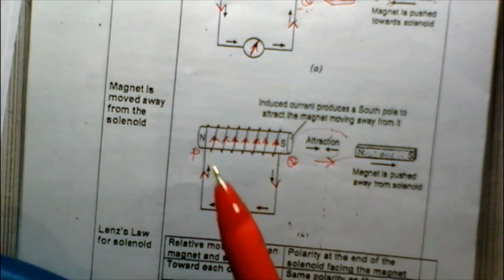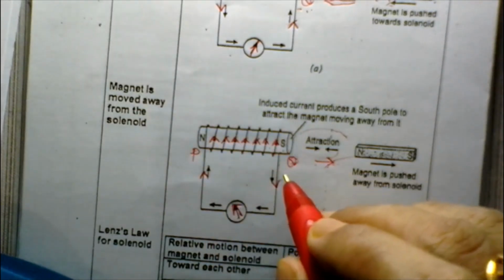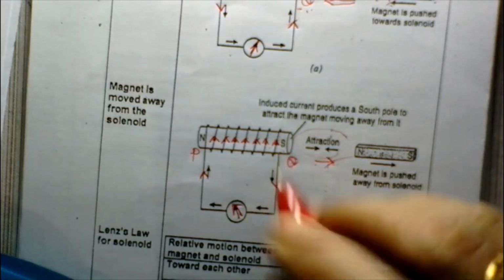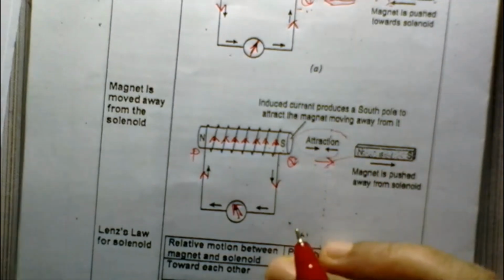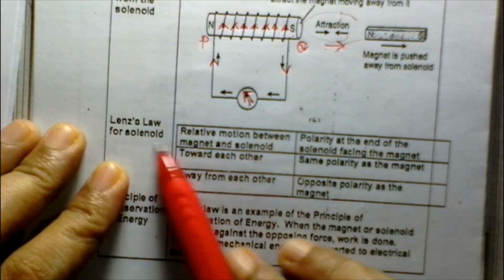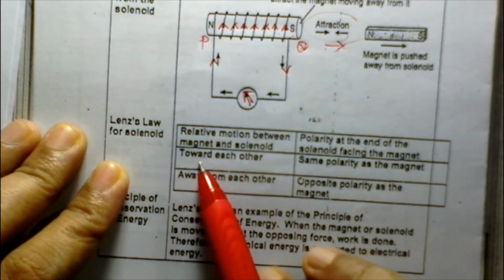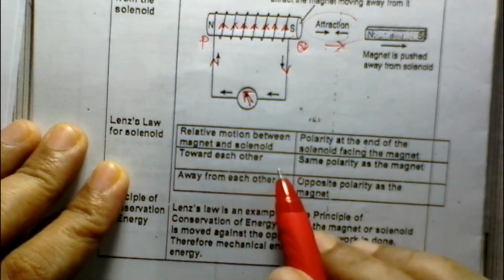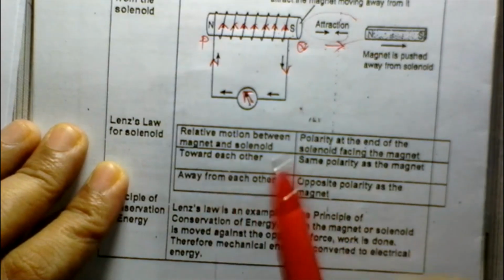So this is how we apply Lenz's law, which states that the direction of induced current always opposes the effect that is producing it. Okay, so we can produce a conclusion like this. Lenz's law for solenoid: relative motion between magnet and solenoid towards each other, or away from each other.